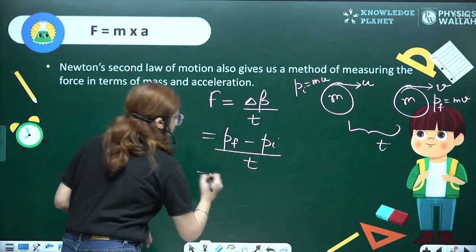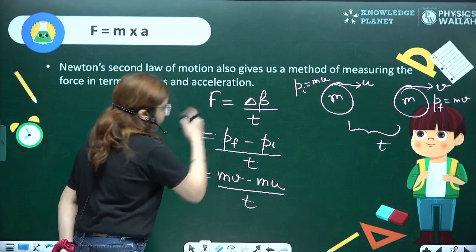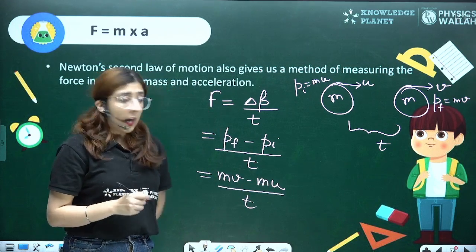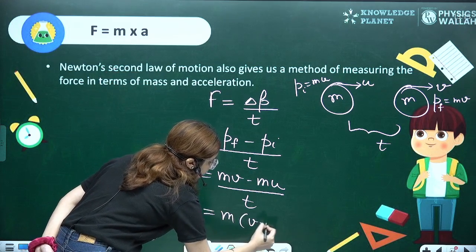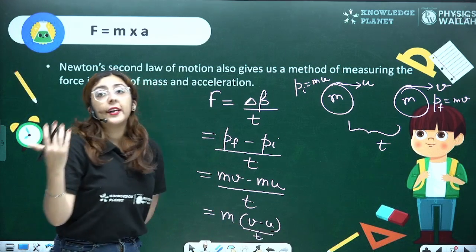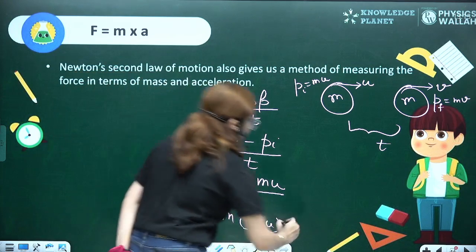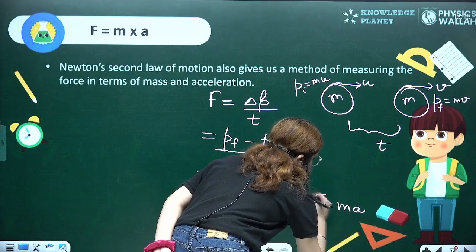Yes, mv minus mu by time, which is nothing but force. Moreover, over here m is equal to v minus u upon t. v minus u upon t, everyone, is acceleration. Force is nothing but mass into acceleration.